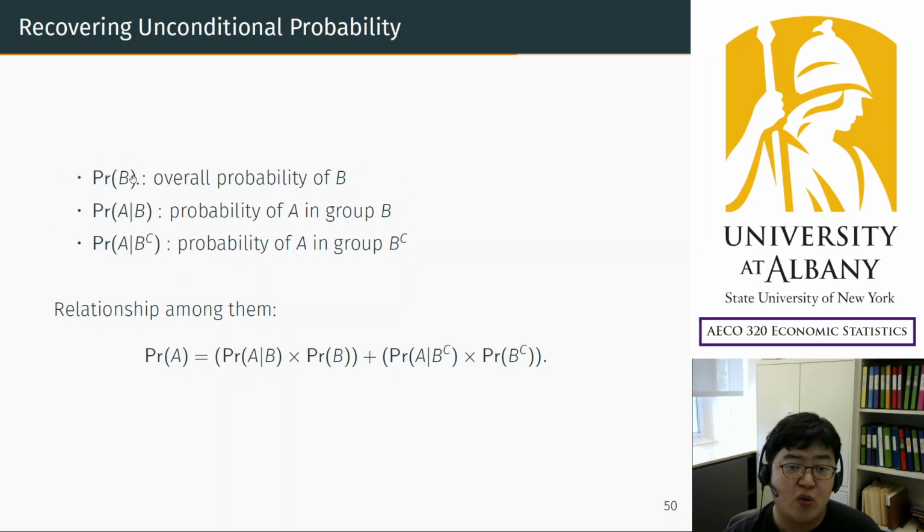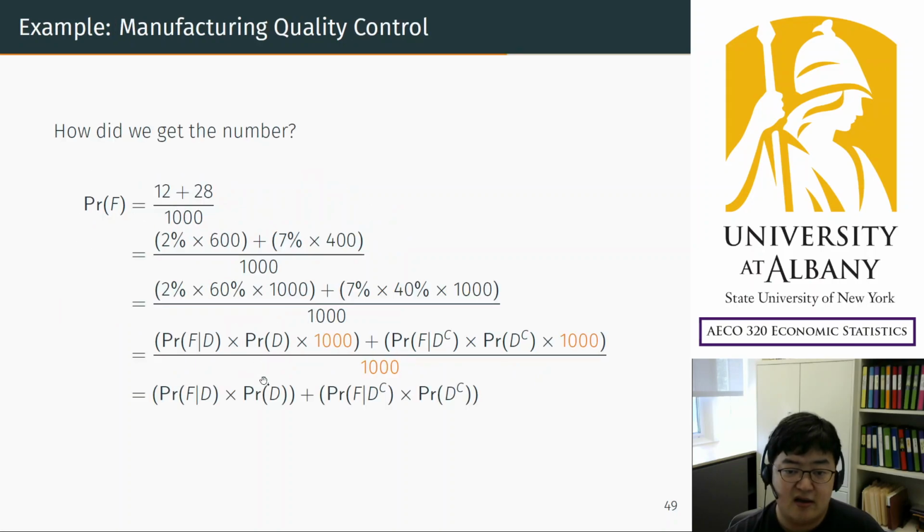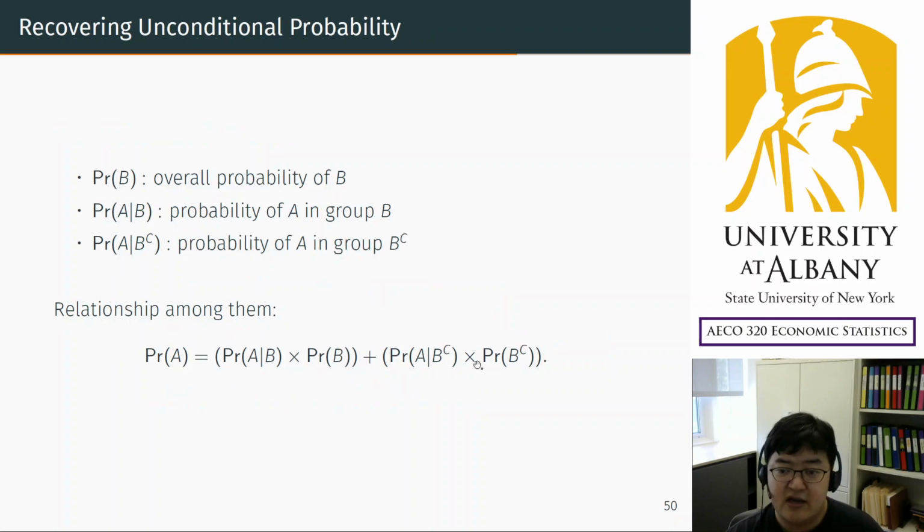We know the probability of B, the probability of A given B, and the probability of A given B complement, right? Based on our earlier derivation, we can write the unconditional probability of A as this. Exactly the same structure as this, right?